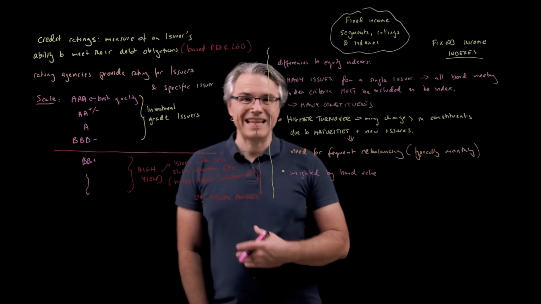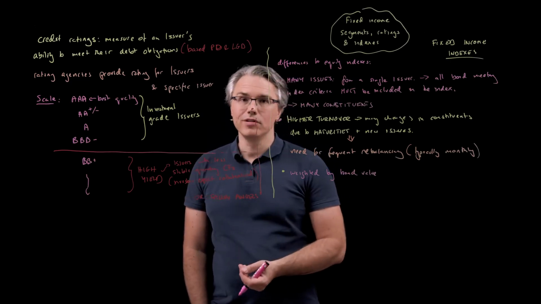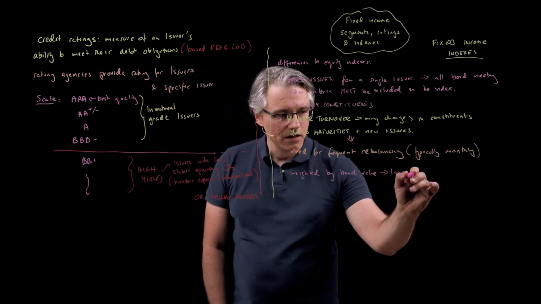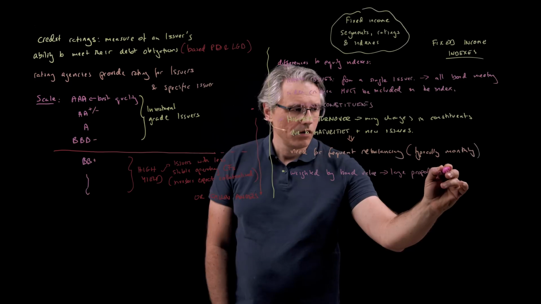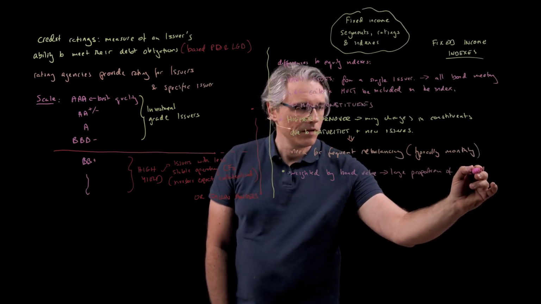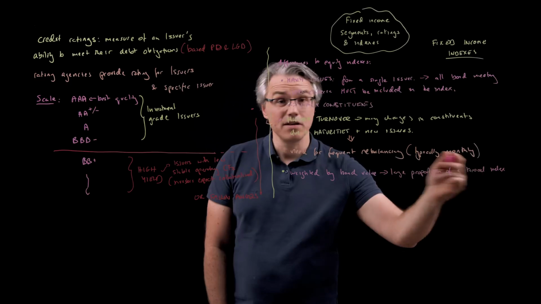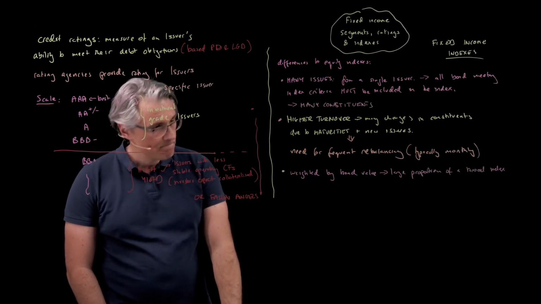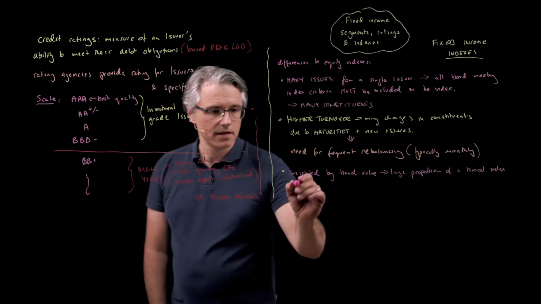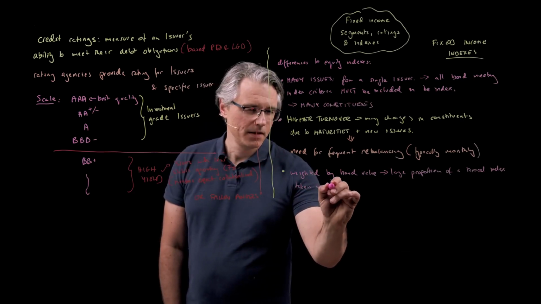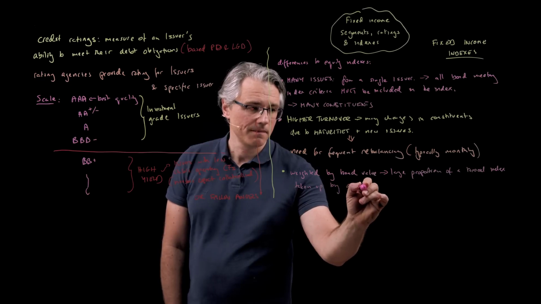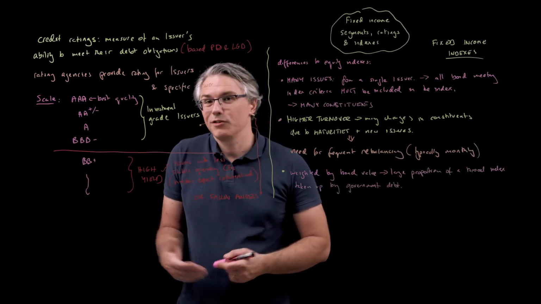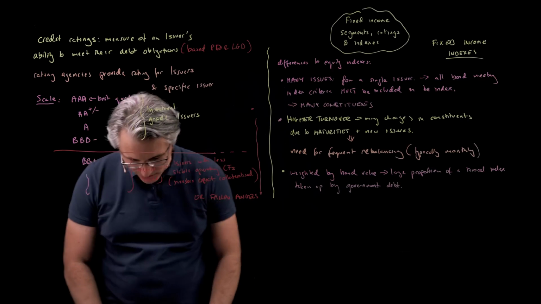So if you've got a very broad index of bonds, which will include government bonds, that will typically mean that a large proportion of a broad index may be occupied by sovereign or treasury securities, by government issues or government debt, which may be a good thing, it may be a bad thing, but it's something to take into account.